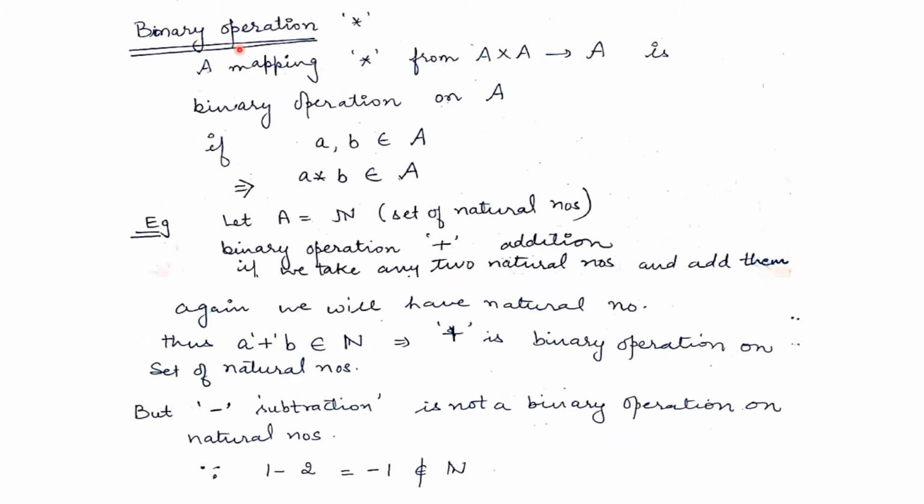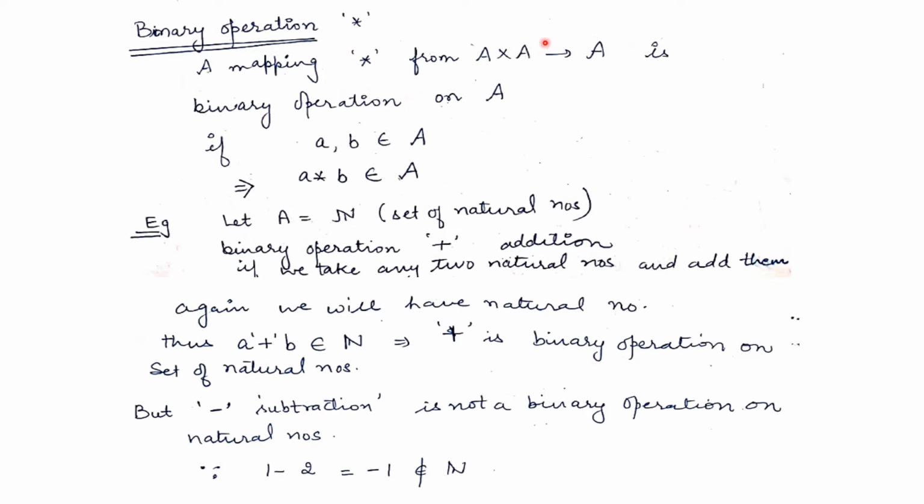Now the next is the binary operation star. What do you mean by binary operation star? This is basically a mapping from A cross A to A, where A is any non-empty set. Non-empty means a set having at least one element. So we apply this operation on the elements of A. We take any two elements from the set A and apply this operation star.